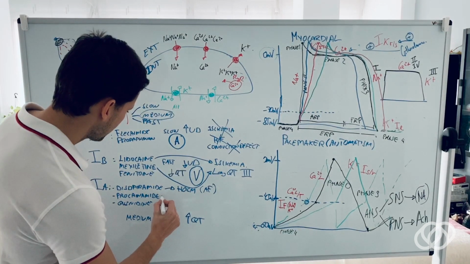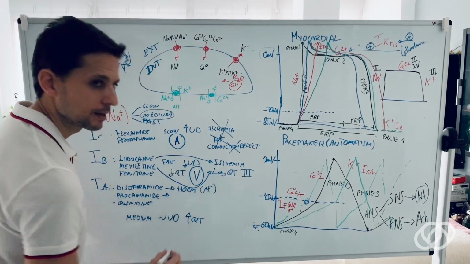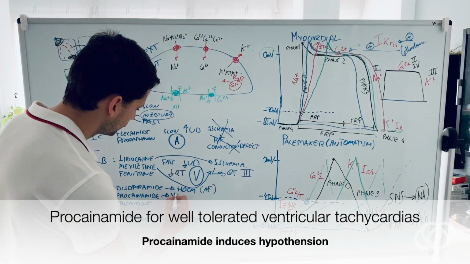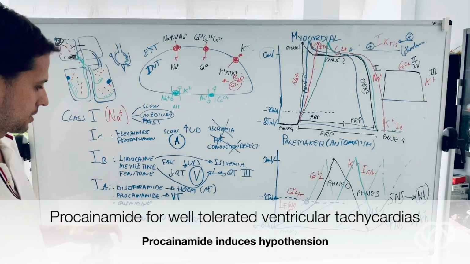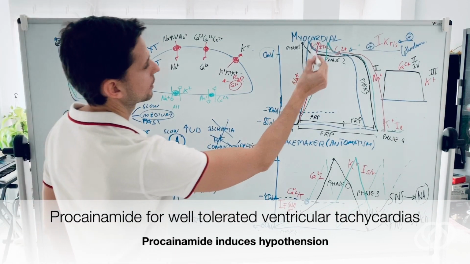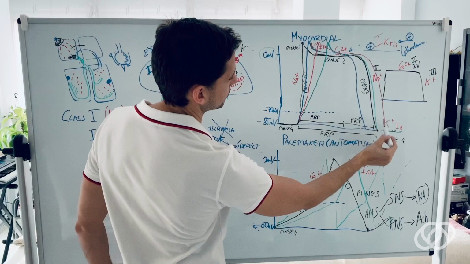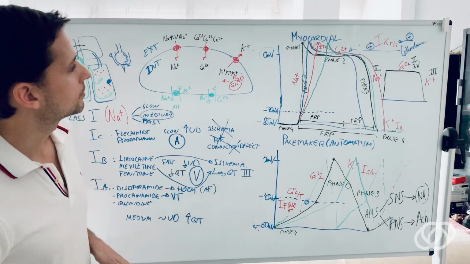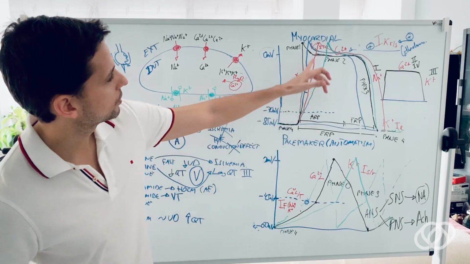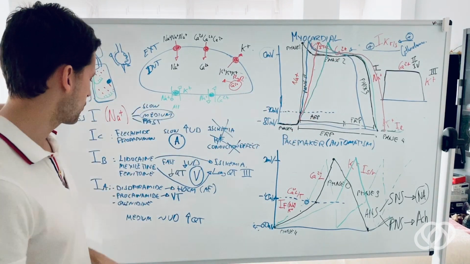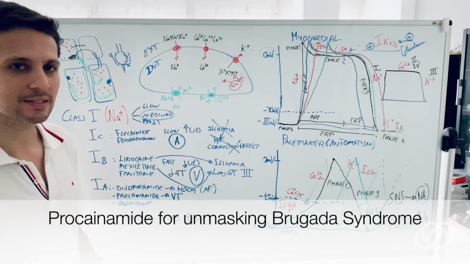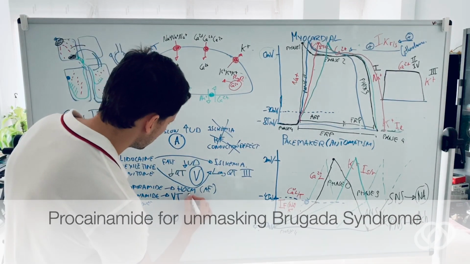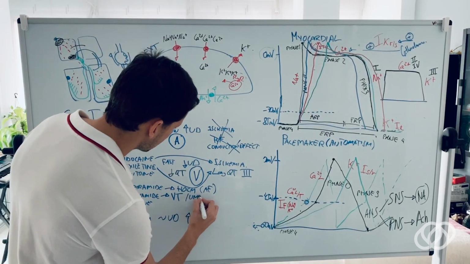We use procainamide mainly for well-tolerated ventricular tachycardia, because it prolongs the refractory period. It is useful, and also because they block the sodium channels, we also use it to unmask Brugada. We have already seen it in the syndrome.